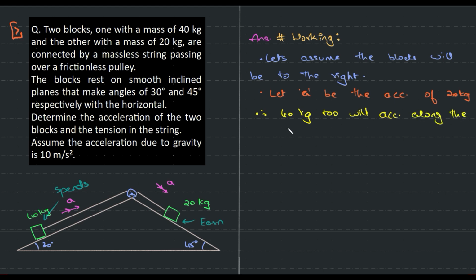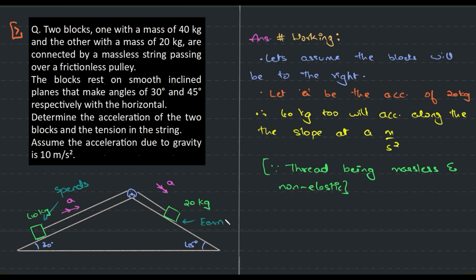Both along the slope, at a meter per second square. This is because the thread is massless and non-elastic.